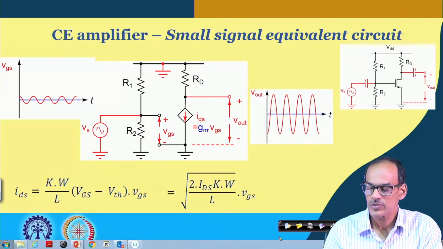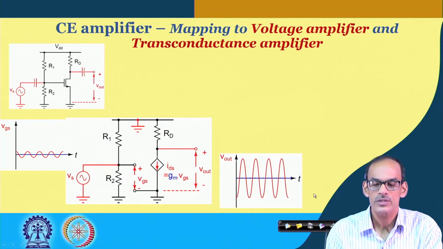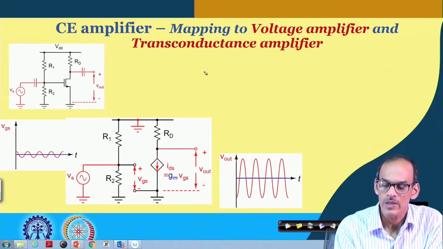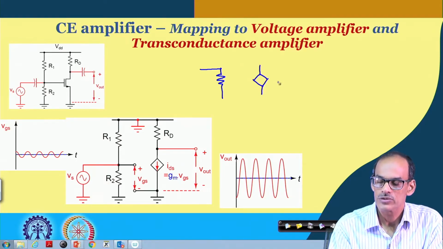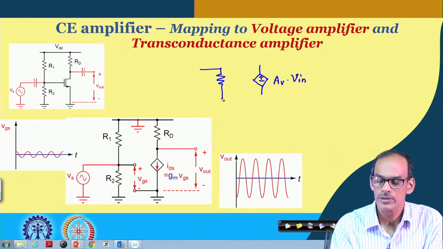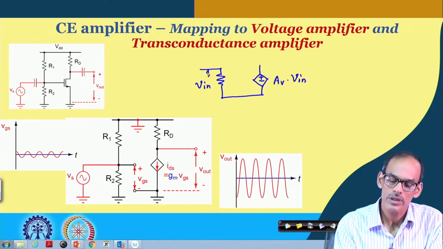So, once we map the circuit into a voltage amplifier, what we are going to get here is R in, then A V times V in, where this side is plus and this is minus, and V in is the voltage across the input port.